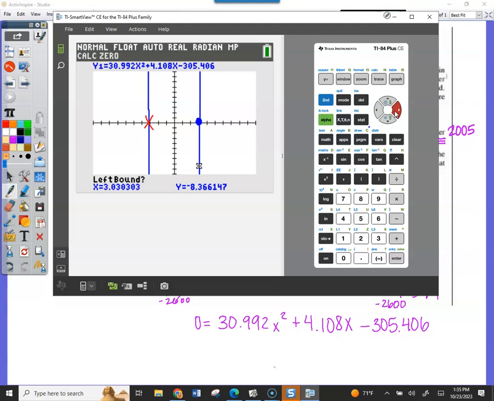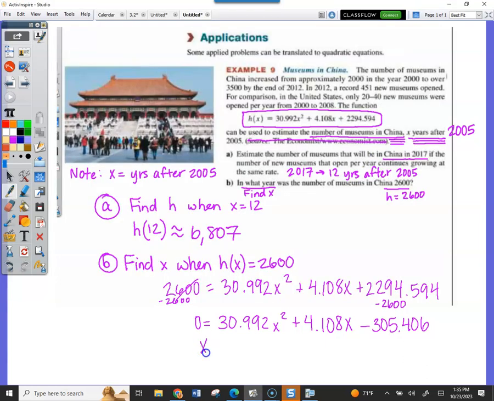What do we round it to? I rounded to the nearest whole number. Right. So there's a left bound, there's a right bound, and there's a guess. 3.07. So x is approximately 3.07.